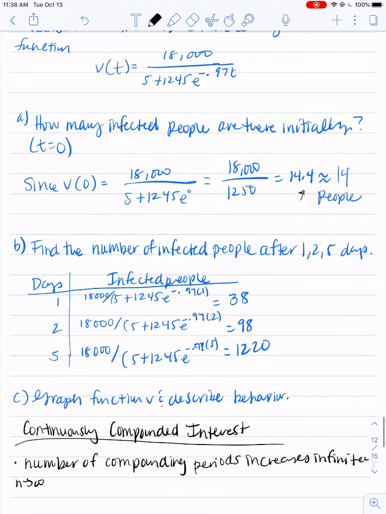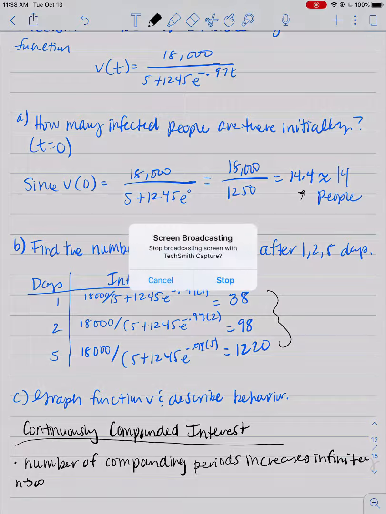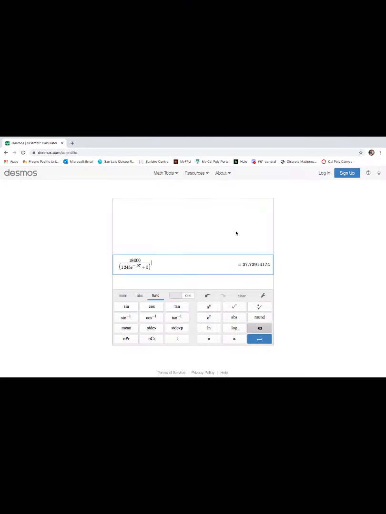Okay, now we want to find the number of infected people after 1, 2, and 5 days. I'm going to do this on Desmos. So I have my equation set up here. I'm going to calculate the number of infected people after 1 day, so I'm going to substitute 1 for t.